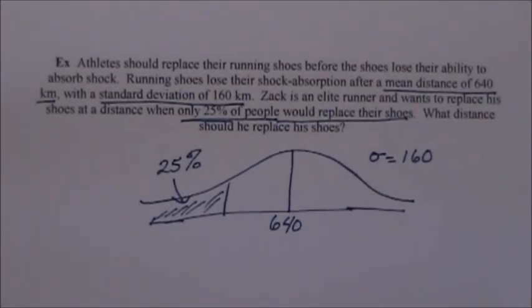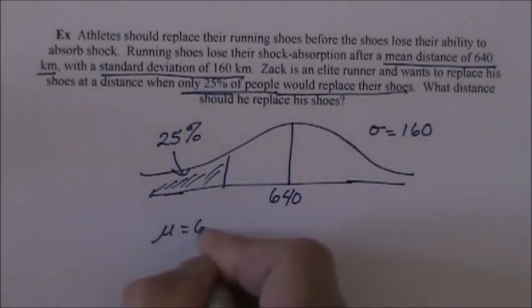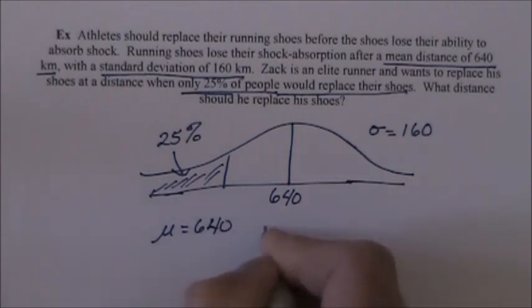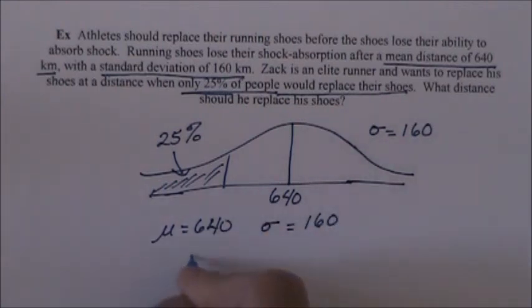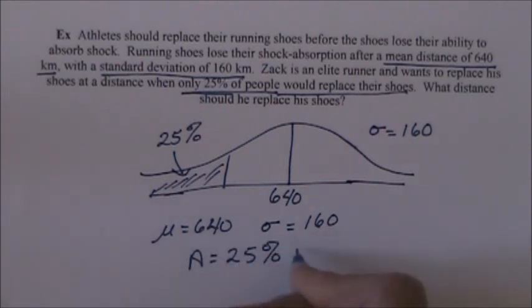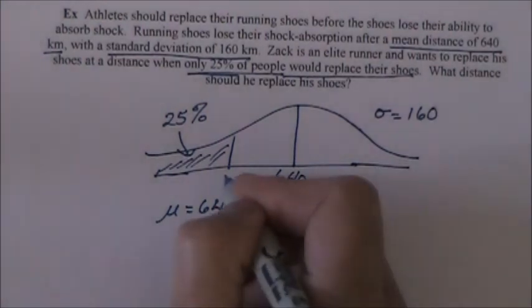So as we go to look at this question, we know that our mean is equal to 640. Our standard deviation is equal to 160. We know our area is equal to 25%. And as a decimal, if we divide it by 100, we get 0.25. So we can use our inverse norm to find out what this x value is.